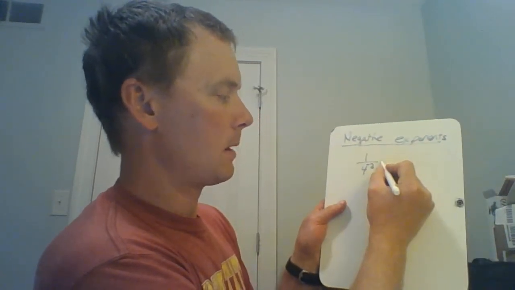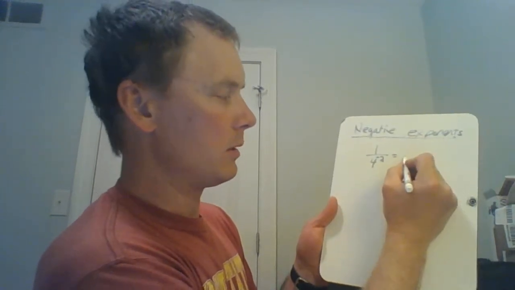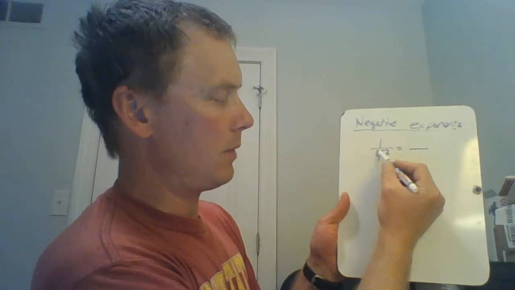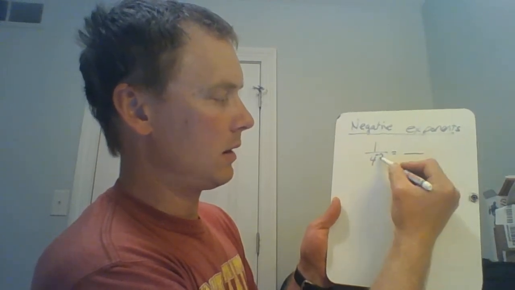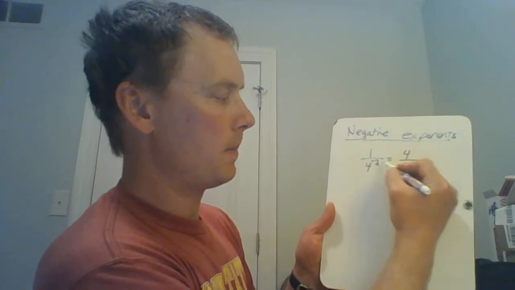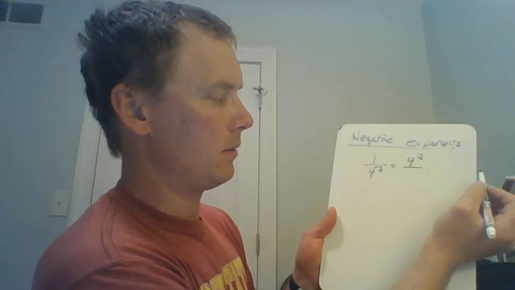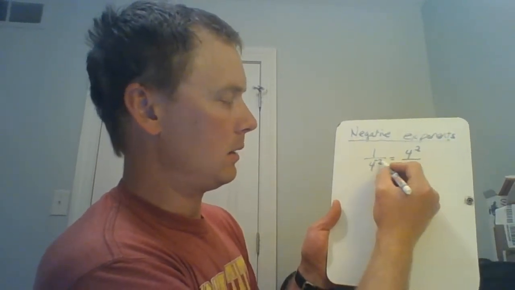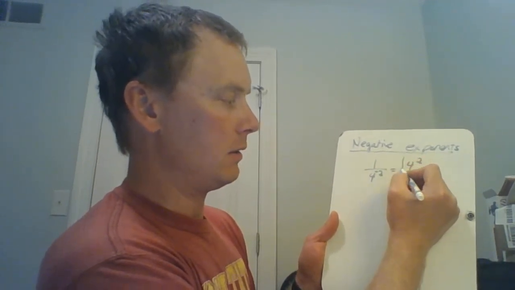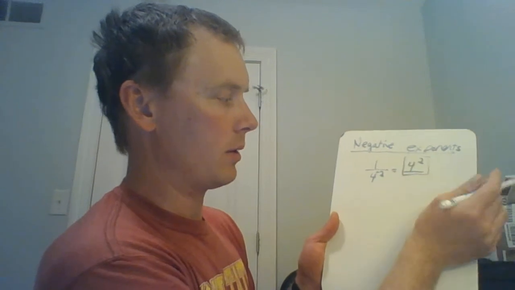You're going to write a fraction bar, and if you have a negative exponent, you're going to move that whole thing to the, in this case it was in the denominator, so we're going to move it to the numerator, and make it positive. And so it's not there anymore, and there's nothing left on the bottom. This is just your answer, 4 squared.